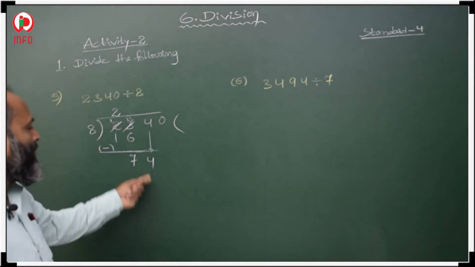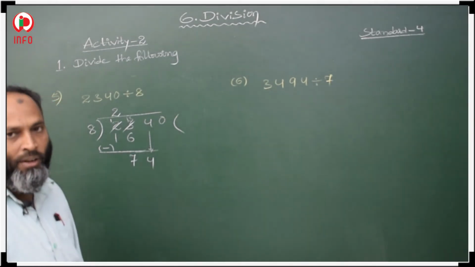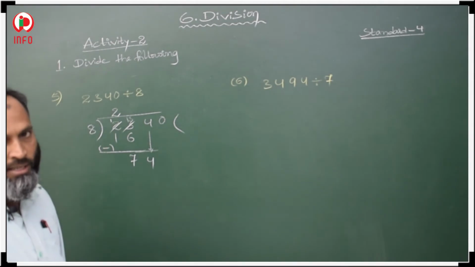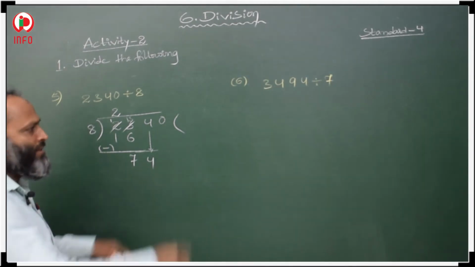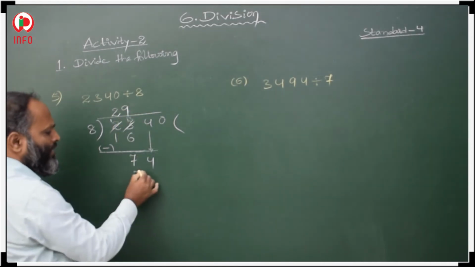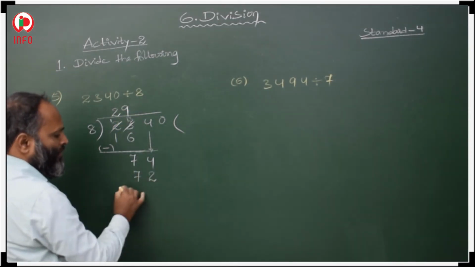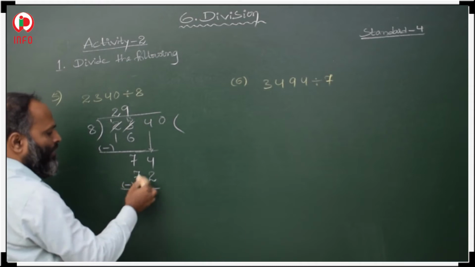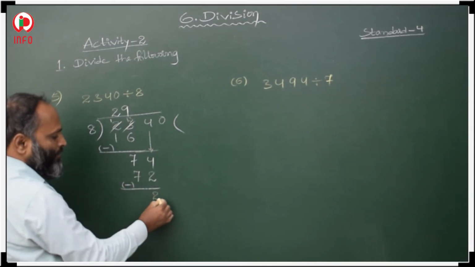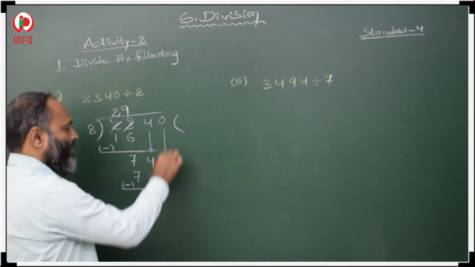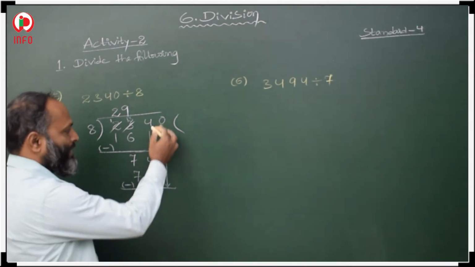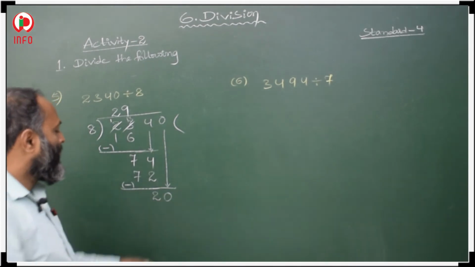When you will get 74 in 8, read your 8 table, 8 eights are 64, 8 nines are 72, then minus, 4 minus 2 is 2, 7 minus 7 is 0, don't take, then copy the next digit, that is 0, then 20.